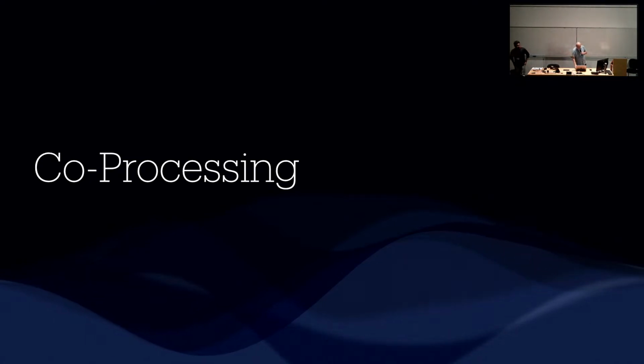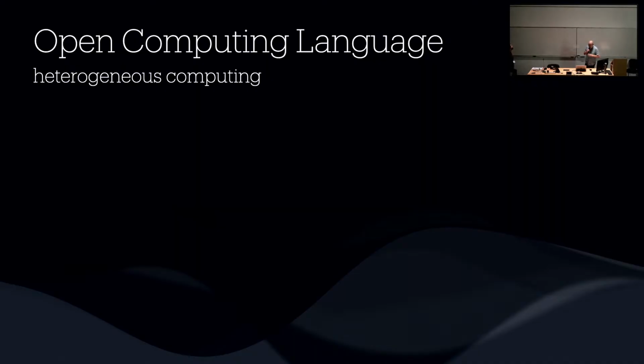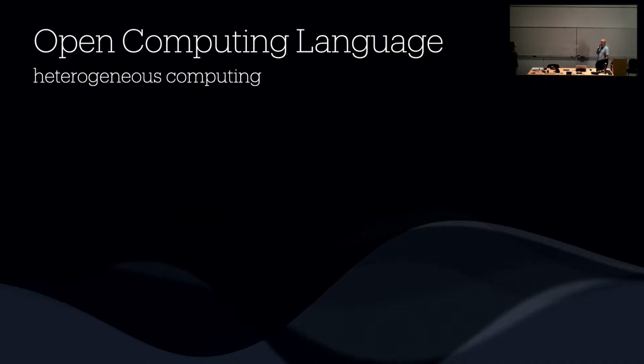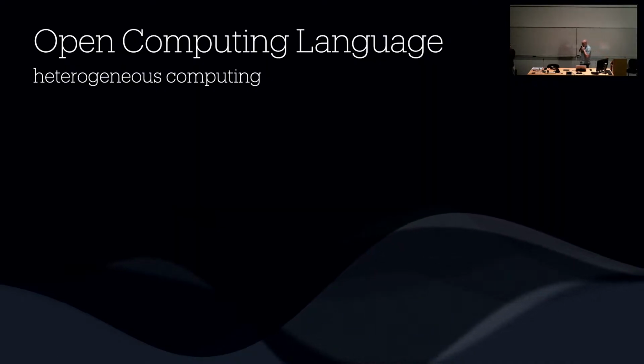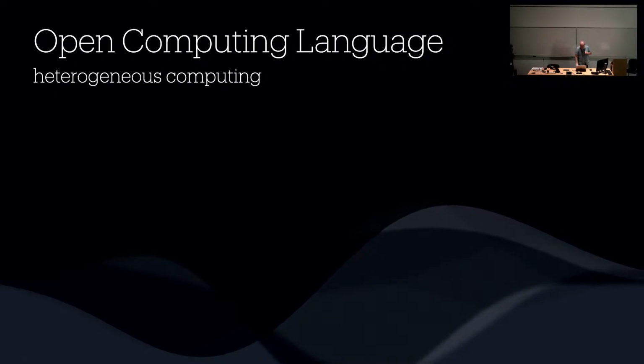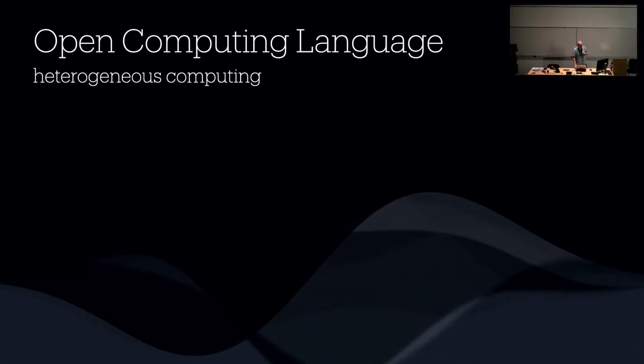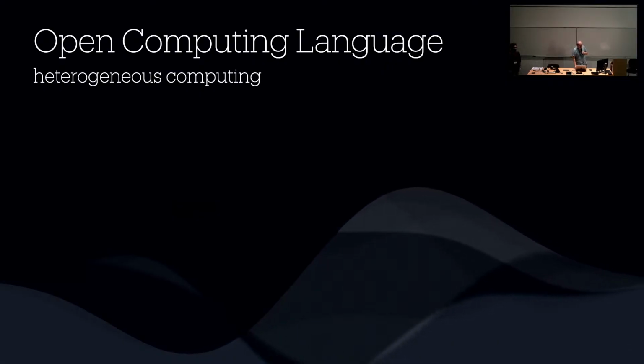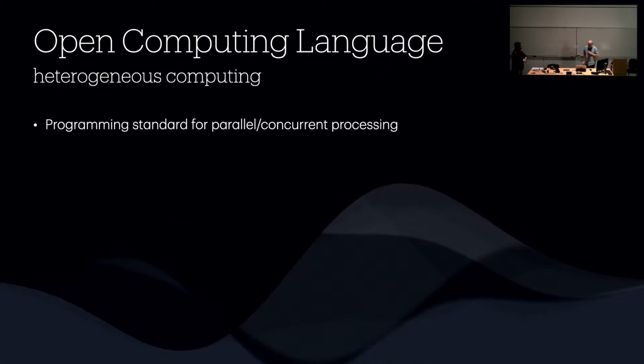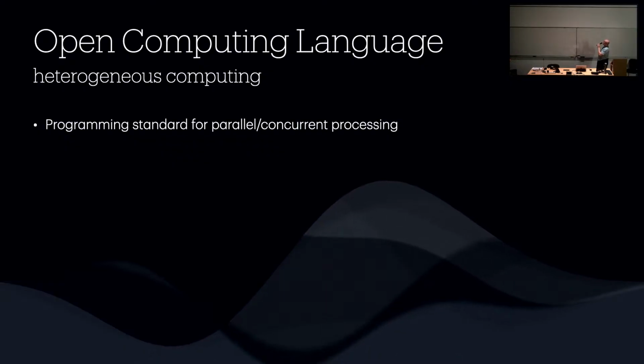Yeah. Okay, so we're going to quickly move on to the co-processing part of it. So the first thing I want to talk about is something that has actually been in place for a while now, but we never spoke about it before. It's using OpenCL, the Open Computing Language, which is for heterogeneous computing.